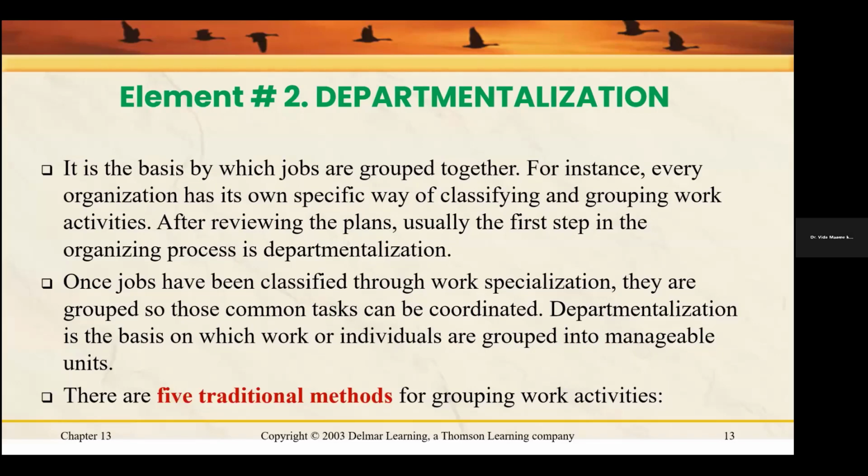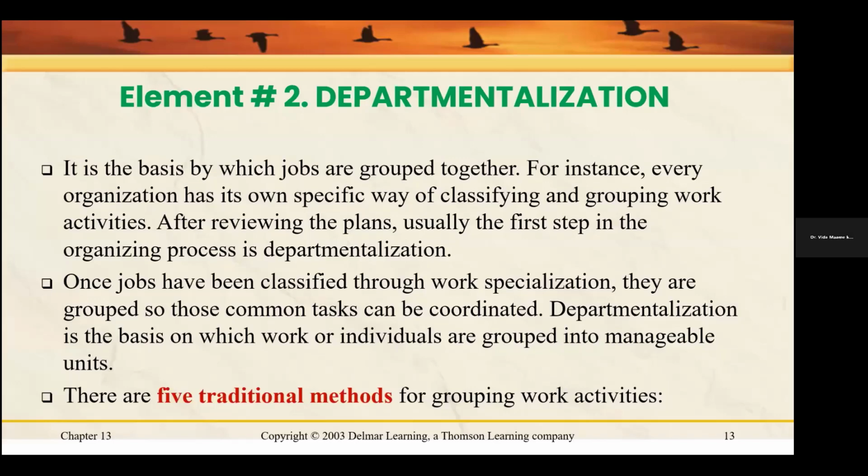So once jobs have been classified through your specialty, we also group them so those common tasks can be coordinated. So departmentalization is the basis by which work or individuals are grouped into manageable units. We have our various wards or units.